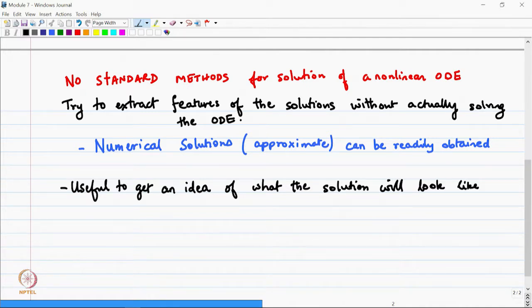Okay. Now, this is a general method, which can be applied to any nonlinear ODE. Okay. So the techniques that we will be discussing today can be applied to any nonlinear ODE.